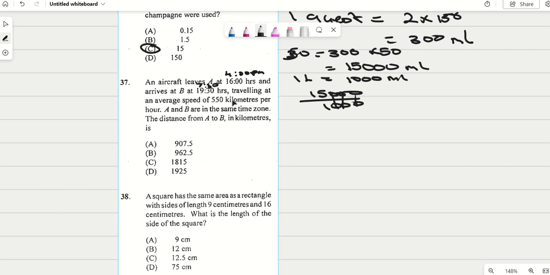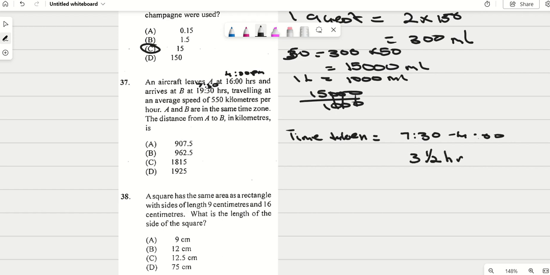So they're telling you the time taken is equal to 7:30 minus 4. We can use our fingers: 4 to 5 is 1, 5 to 6, 6 to 7, and then we have 30 minutes. So this would be 3.5 hours. That's how long it took.